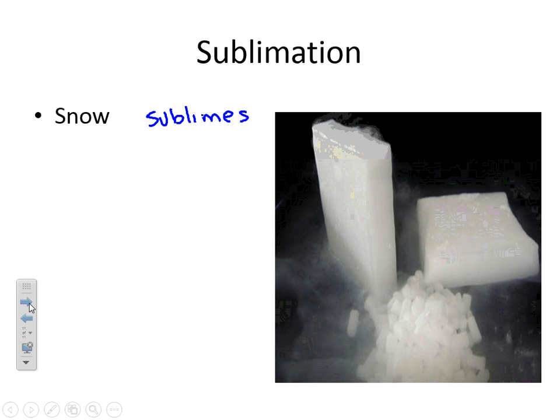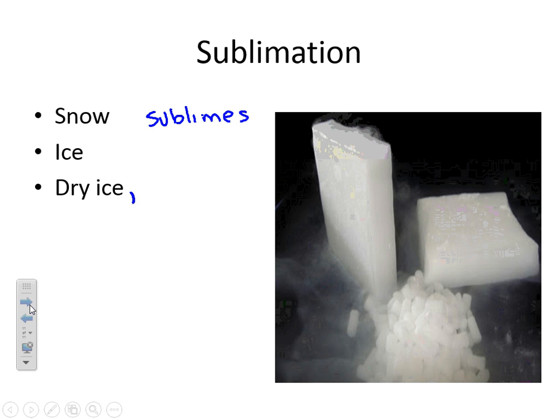So when we have lots of snow out and you can watch as its depth decreases in the springtime, much of it is subliming. You'll see some puddles, maybe a little runoff, but most of it just goes straight to the gaseous phase. Another substance that sublimes is carbon dioxide, which is dry ice.